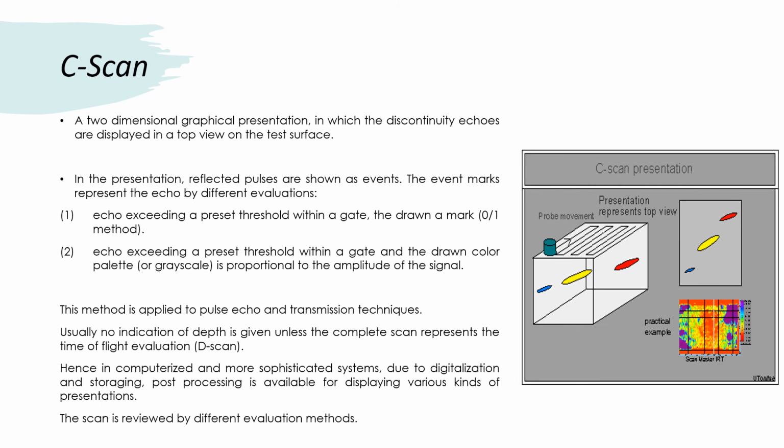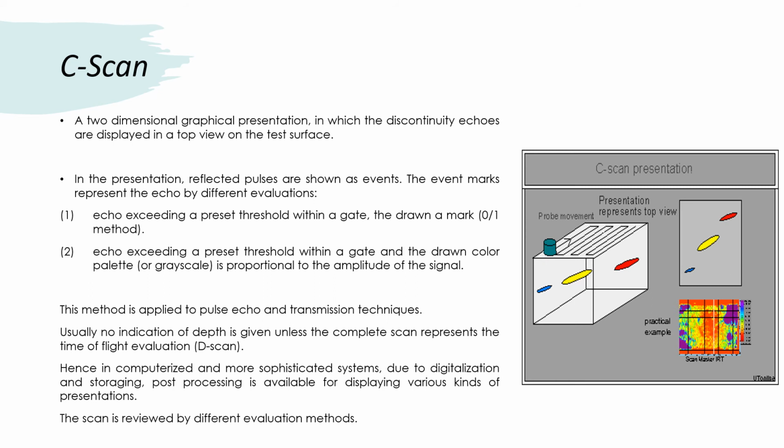Next is the C scan, a two-dimensional graphical presentation in which the discontinuity echoes are displayed in a top view of the test surface. In the presentation, reflected pulses are shown as events.